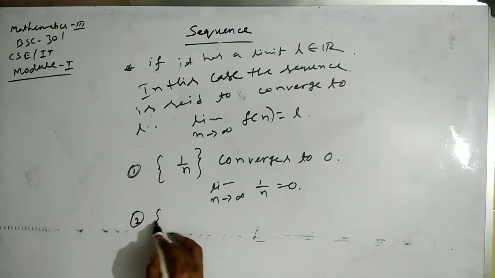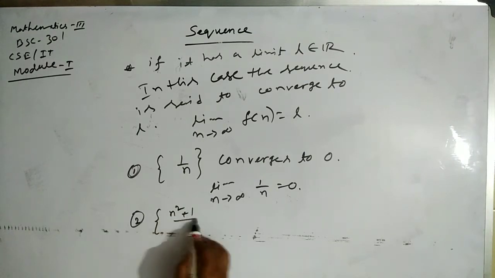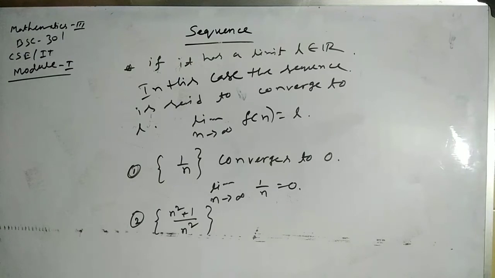The second example is n square plus 1 by n square. So is this sequence convergent or not? To test that, we have to find whether this sequence has a finite limit or not.